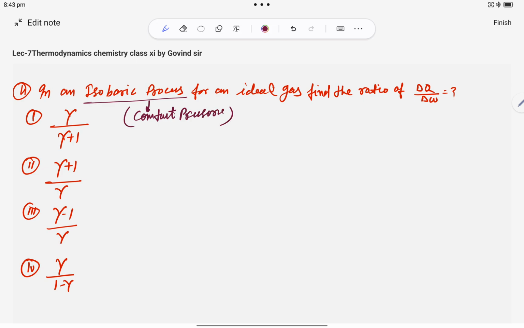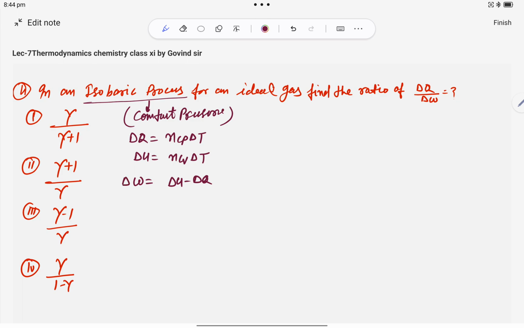So constant pressure means, find delta Q. Delta Q is equal to n Cp delta T. And what is delta U? Delta U is equal to n Cv delta T. So delta W is equal to what?